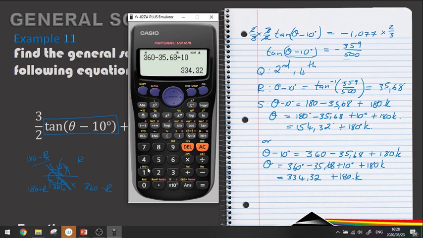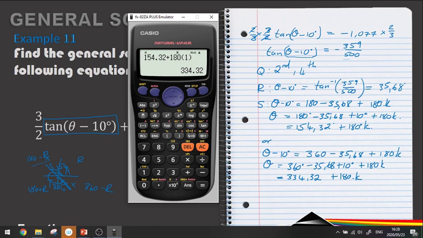So if I have 154.32 plus the 180k, and I make my k's value 1, then I get 334,32. So you see that that's actually the solution as well. So this general solution actually includes all of this. This is the same general solution.